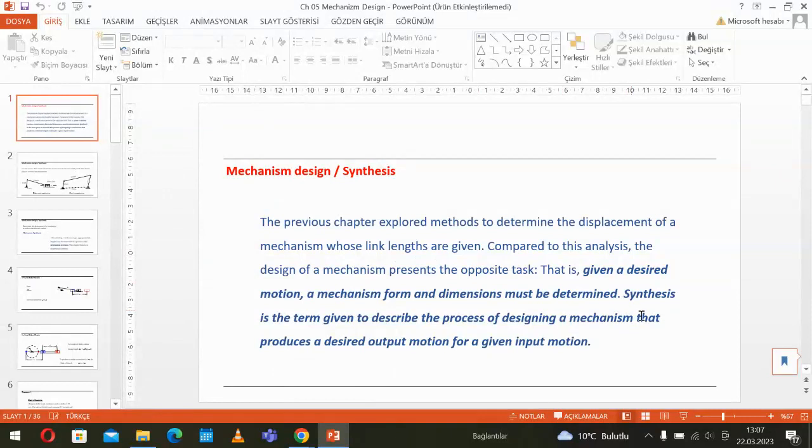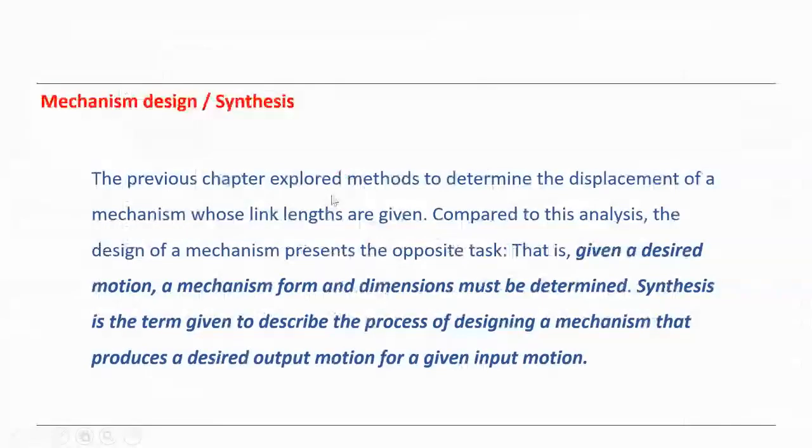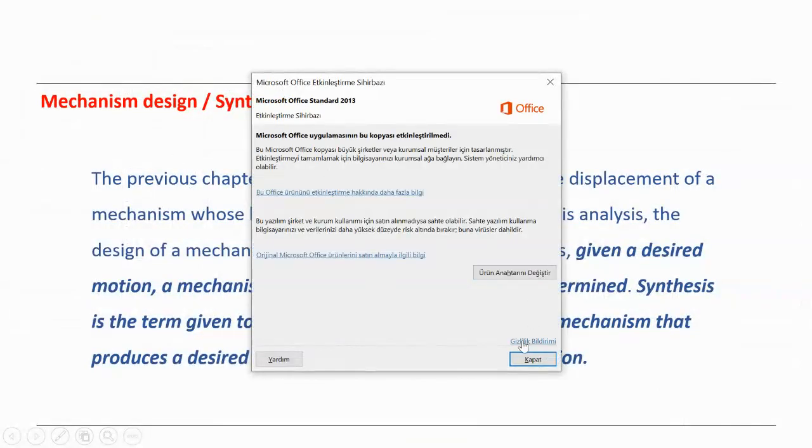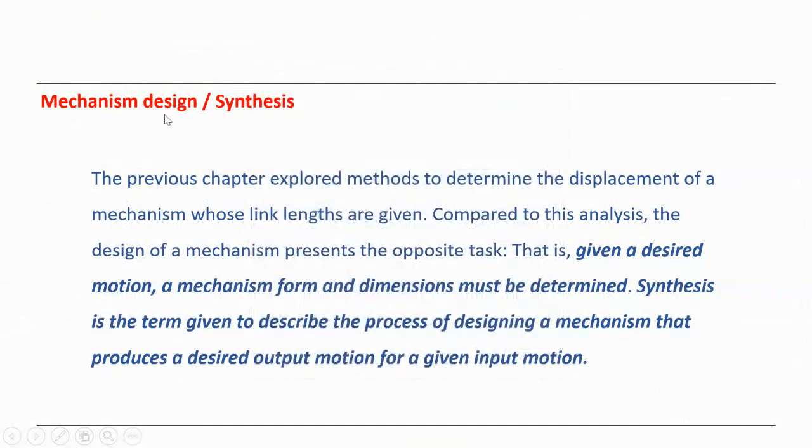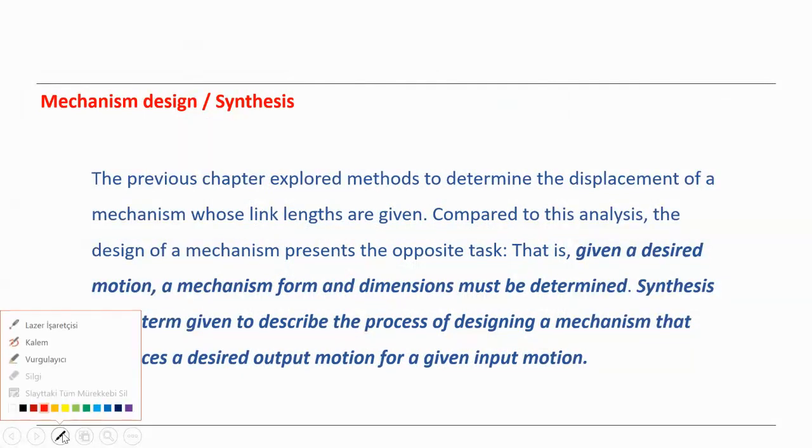That means how can we design a mechanism for a certain task or application. So, that means synthesis, of course. So let's start it. So mechanism design. That means synthesis. Is it okay?